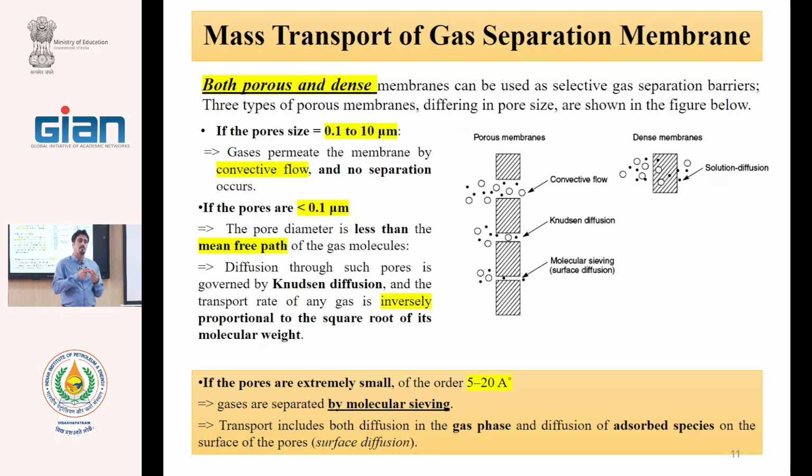If the pore size is maximum 2 nanometers, we can have molecular sieving if the pore sizes of the two gas molecules are very different. We cannot separate oxygen from nitrogen, but we can separate butane from nitrogen, butane from hydrogen, because they have very different molecular sizes.